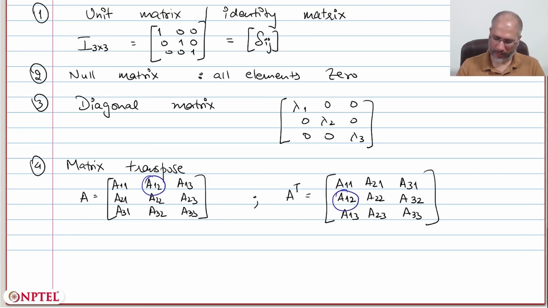Similarly, the element A13, which was the third element in the first row of A, now moves to the third element in the first column of A transpose. Similarly, the element A23 moves to the second element of the third row in A transpose, from the third element in the second row of the A matrix.